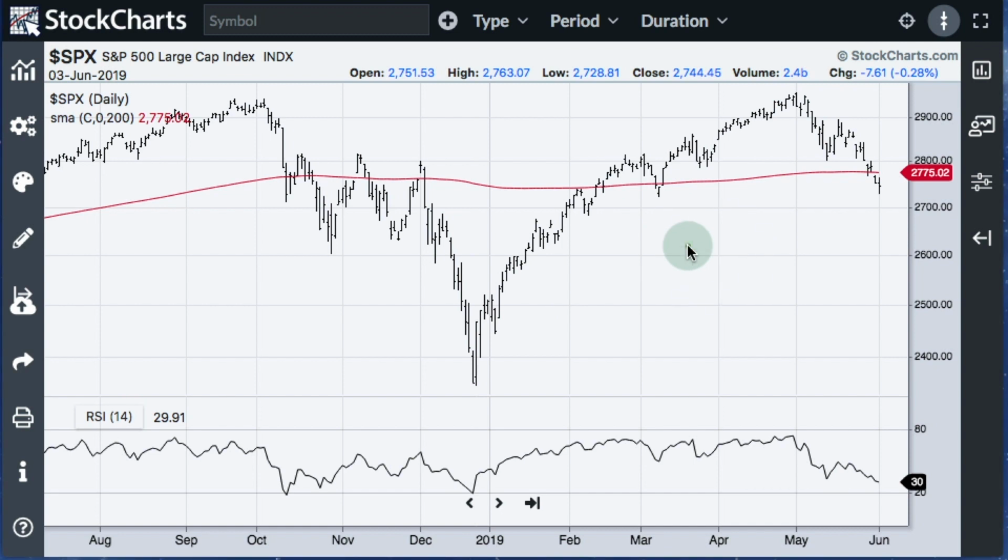Now, as far as analysis is concerned, we've got the index breaking below the 200-day. Sometimes the 200-day is a real battle zone, especially for the S&P 500 in particular.